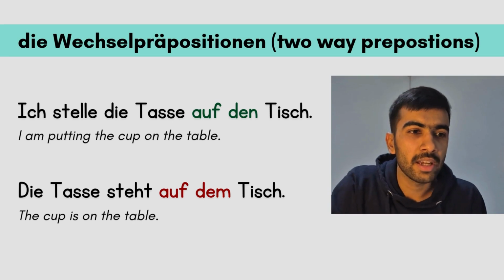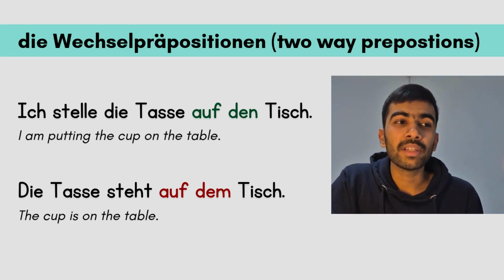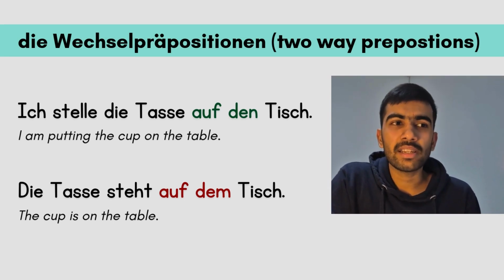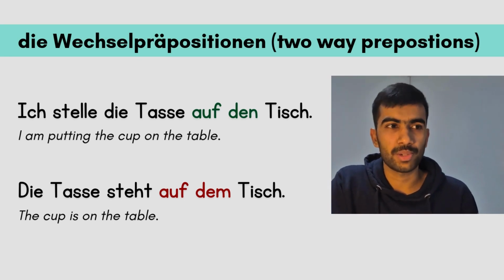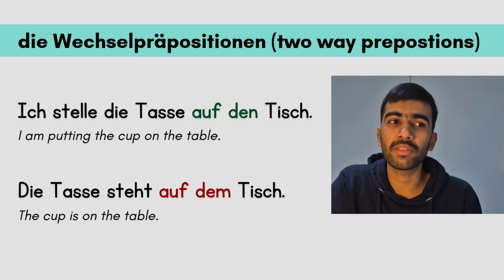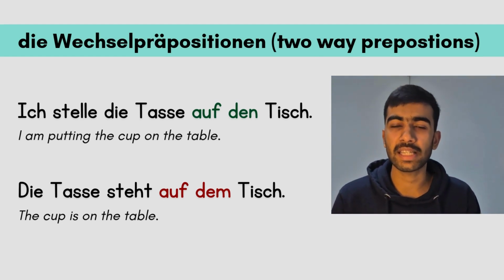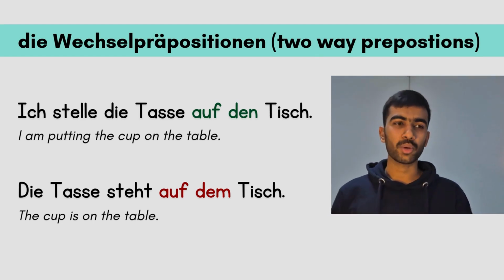And we have the next sentences. Ich stelle die Tasse auf den Tisch. I am putting the cup on the table. Okay, and the next one is Die Tasse steht auf dem Tisch. Okay, so what's the difference?